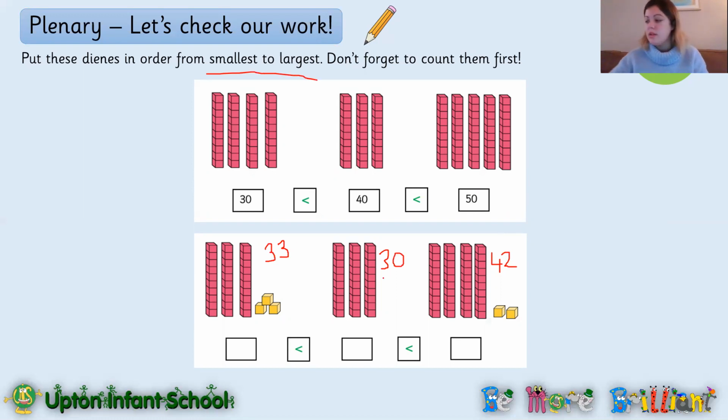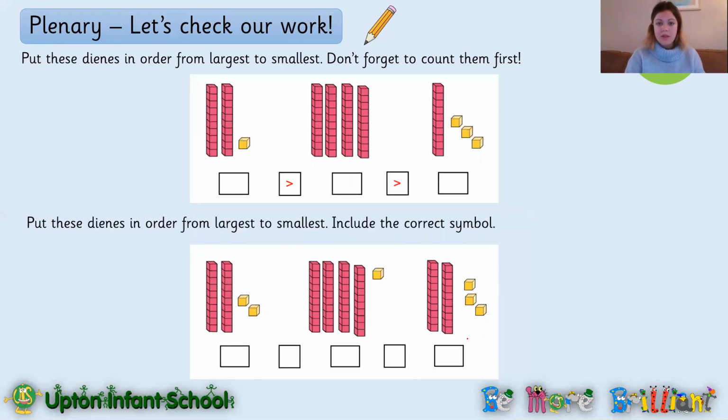My smallest number, if I take my 100 square, I can see is 30. My next number would be 33, and my largest number would be 42. And I can check that's right because I've got my less than symbols. So 30 is less than 33, 33 is less than 42. So well done if you got that right.